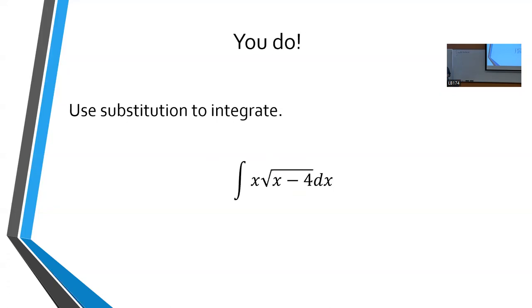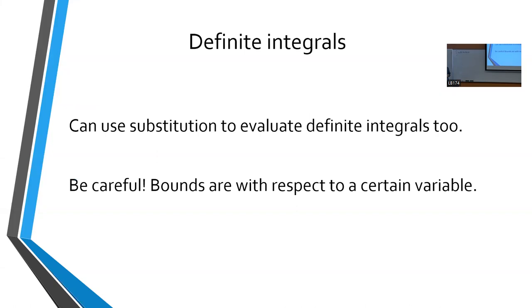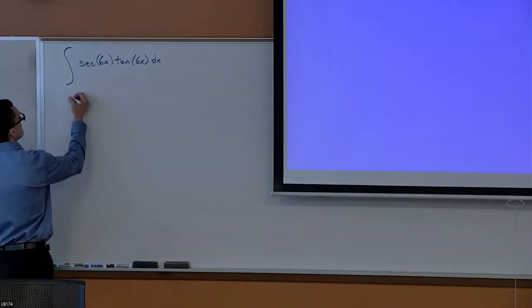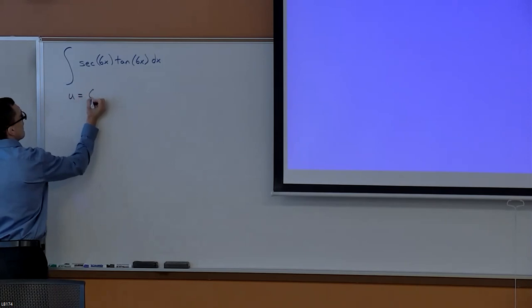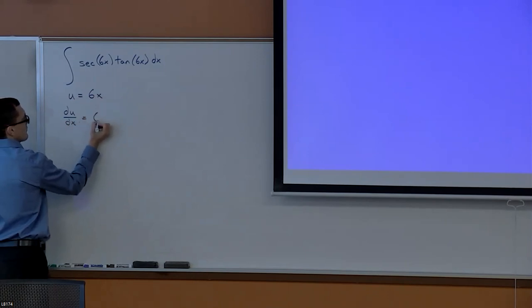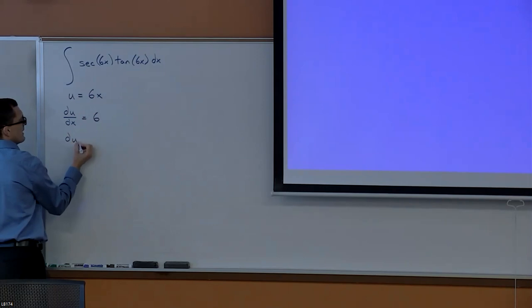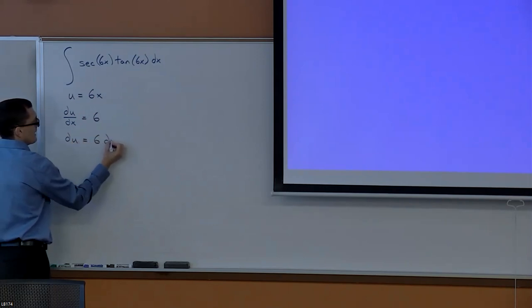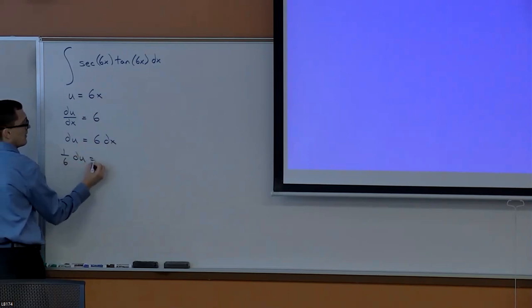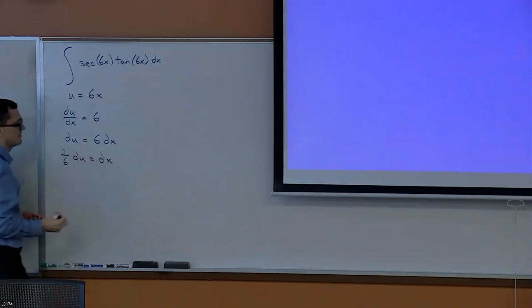All right. So we're going to have our u be 6x. Derivative of u with respect to x is just a 6. That makes for a nice du dx exchange of either du is equal to 6dx or 1/6 du is equal to dx.